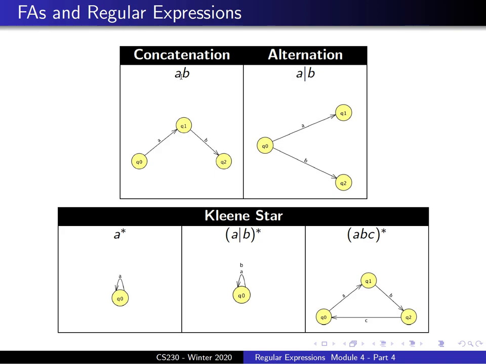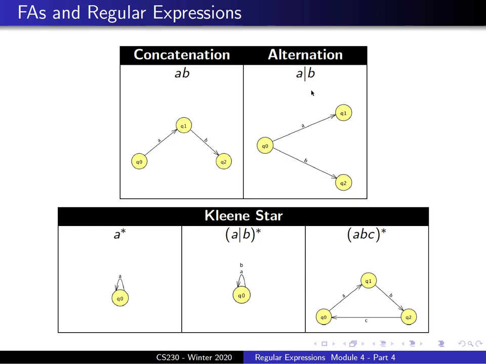So if I have A followed by B, then let's go from one state on an A to a new state, and then on a B to a new state. And if we've reached this Q2 state, it means that we've seen A followed by B. Now this may or may not be a final state at this point. That's going to depend on the particular problem. But this could be progress towards the final state.